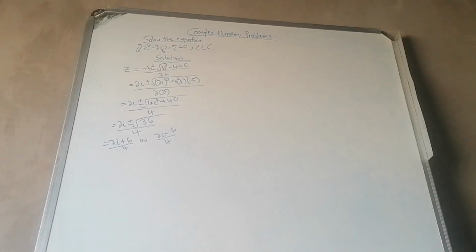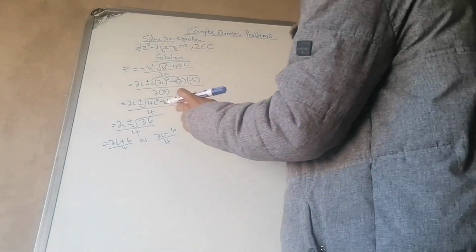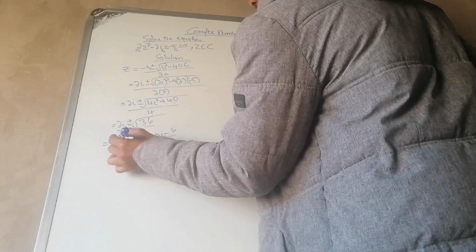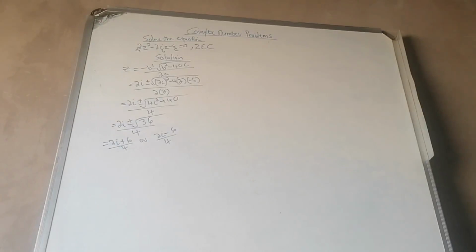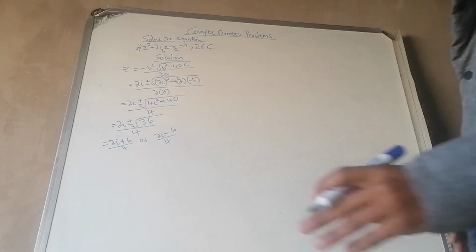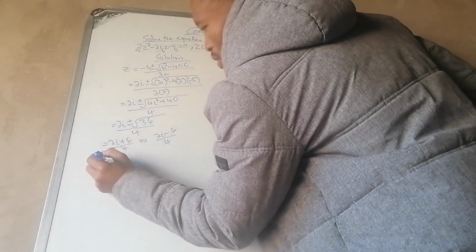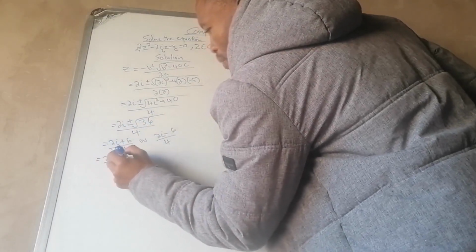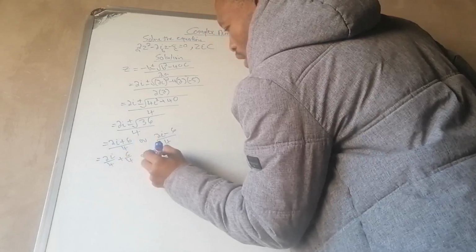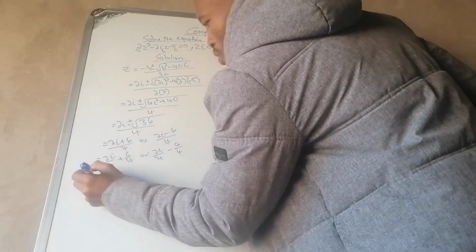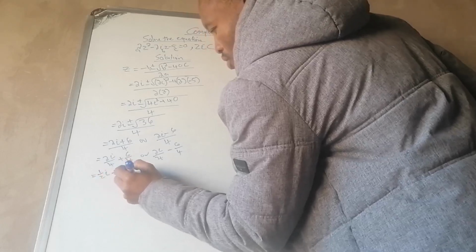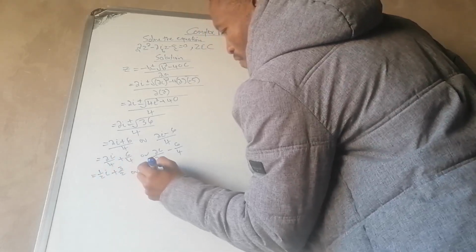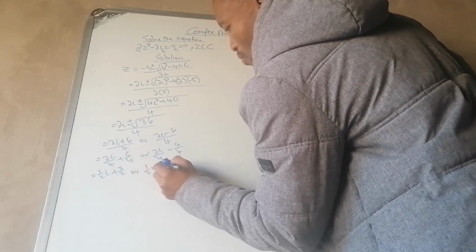Let's take the positive one as 6, and the other one as negative, and then from there we can simplify this. We can say 2i over 4 plus 6 over 4, 2i over 4 minus 6 over 4. This is 1/2 i plus 3 over 2, or 1/2 i minus 3 over 2.